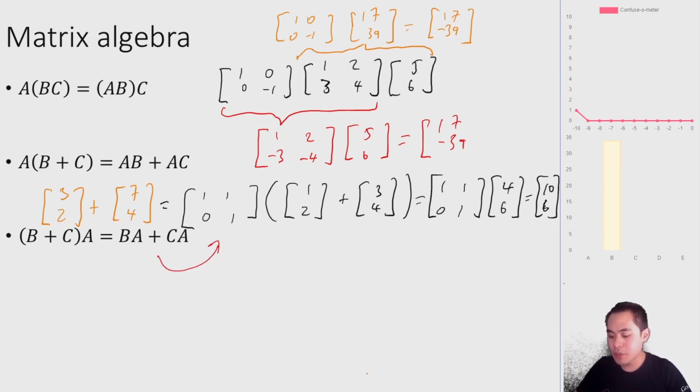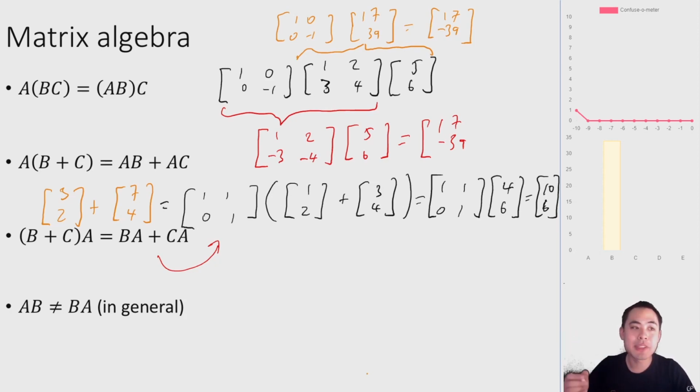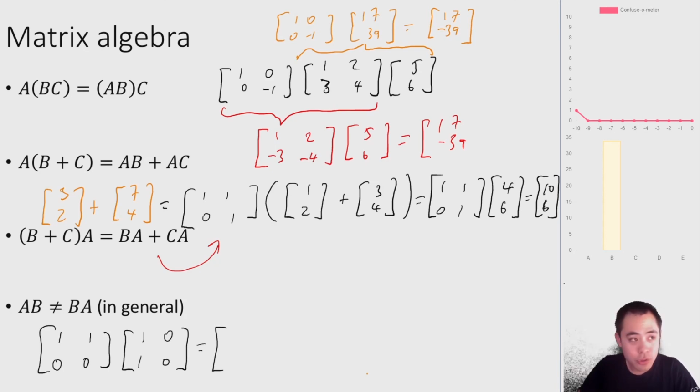But one super important thing to keep in mind when you're dealing with matrix multiplication: AB is not equal to BA in general. We've already seen this a couple times with different size matrices, but even if you have the same size matrices, you're not necessarily going to have them be equal. So let's give a super simple example. [1, 1; 0, 0] times [1, 0; 1, 0]... that's going to be equal to [2, 0; 0, 0].